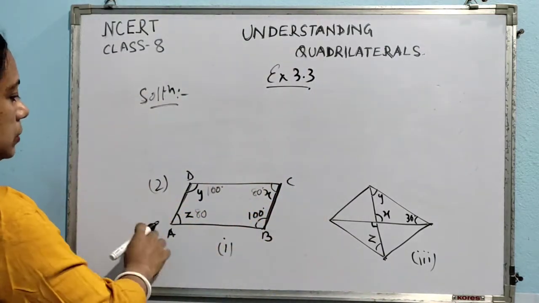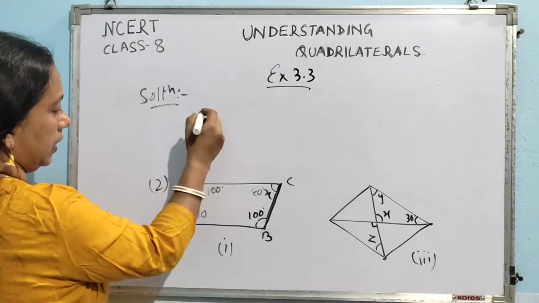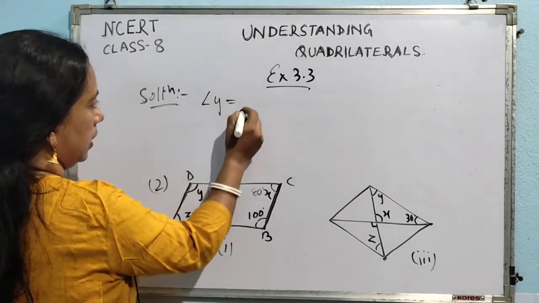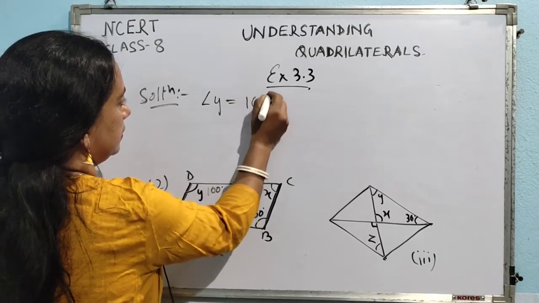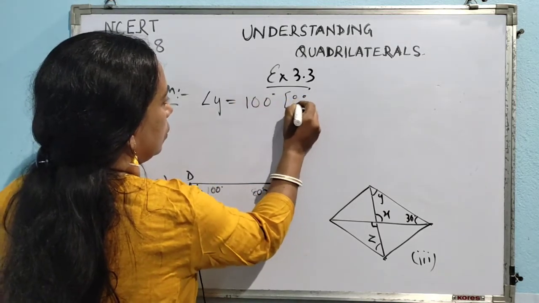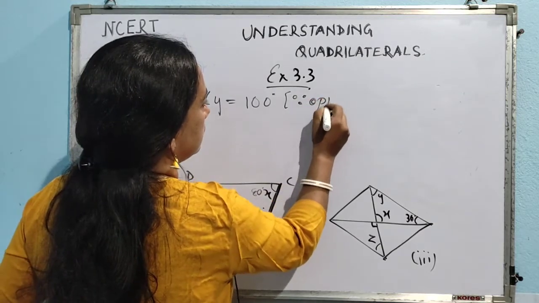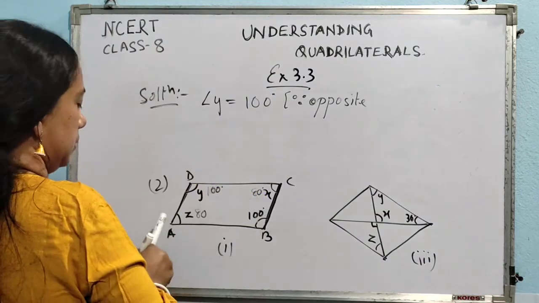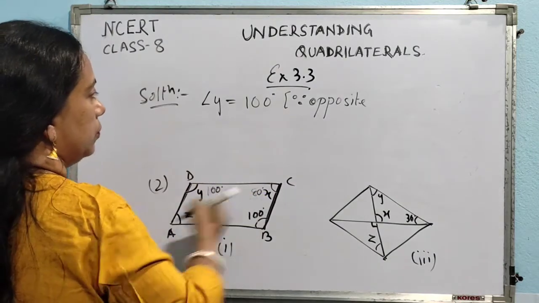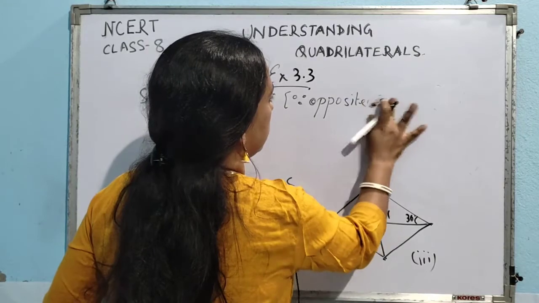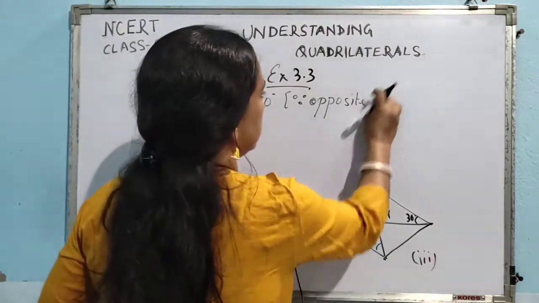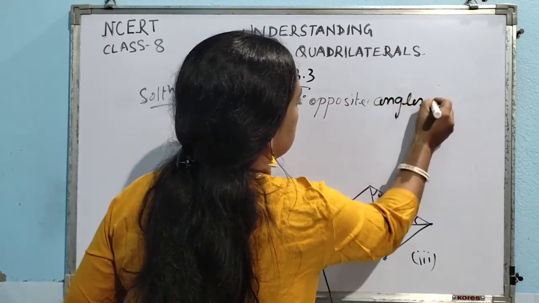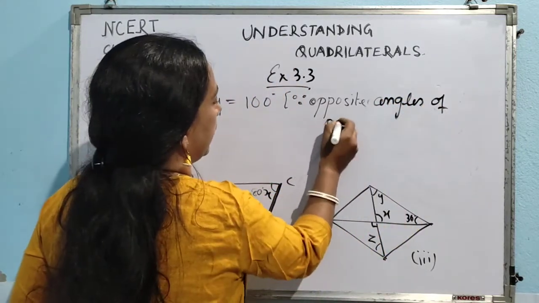Okay, I will just make you understand how to write these things. So you will write angle y is equal to 100 degree. Since opposite angles of a parallelogram.